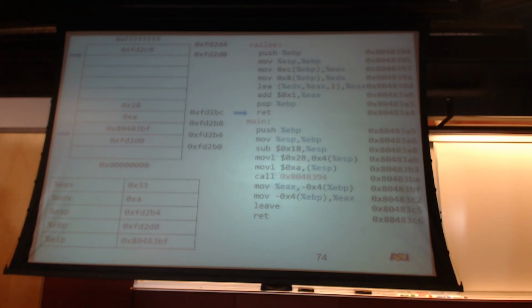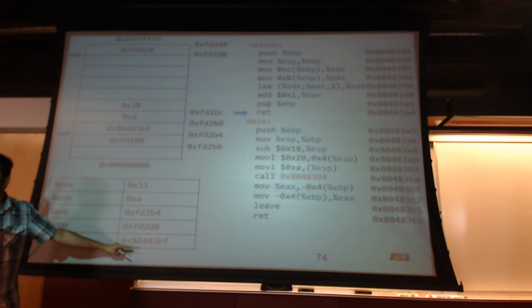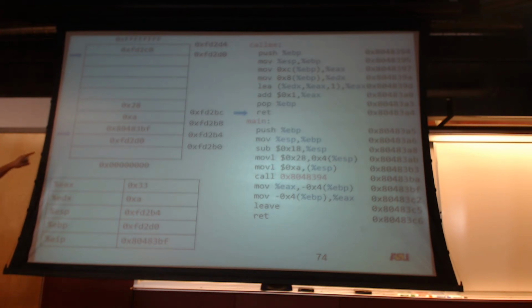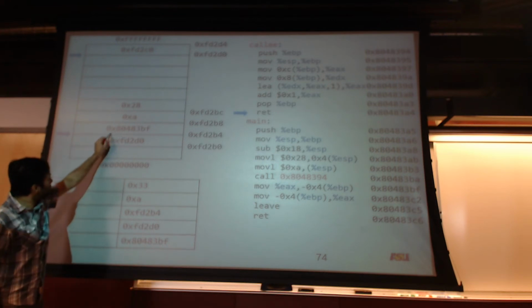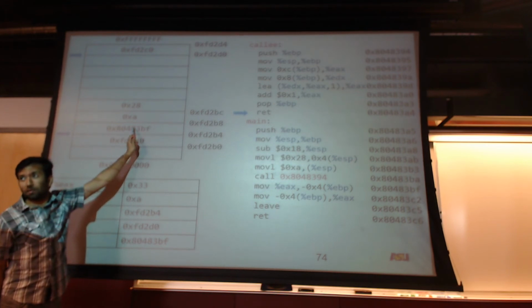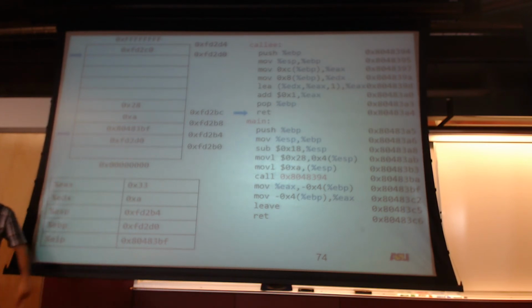What happened was EIP changed. How did EIP change? It just goes back. How does it go back? You have to pop the stack. In the stack you have 80483BF, this address you have. How will you get that address? Just pop the stack.